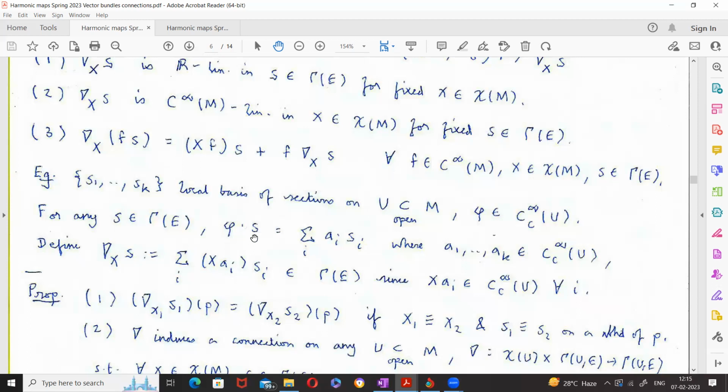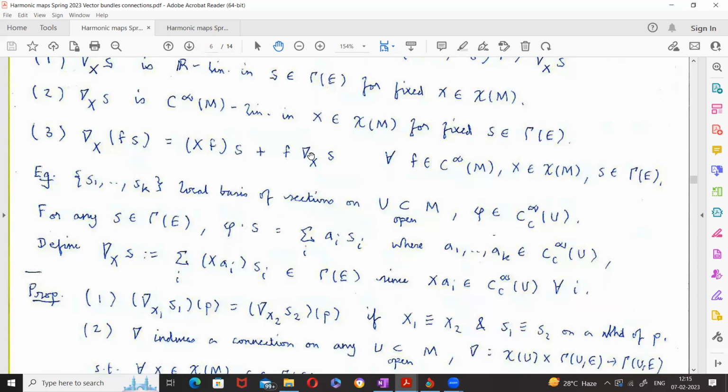Because if I take S1 plus S2, then phi times S1 plus S2 will be, well, this is quite simple to check. The one thing you have to check is the Leibniz rule, right?